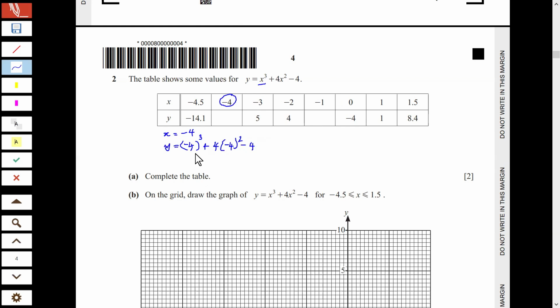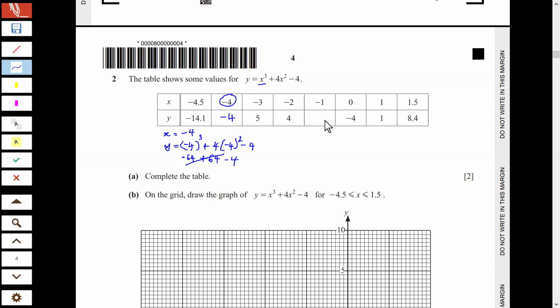Now, -4 to the power of 3 gives us -64, plus -4 squared times 4 gives us 64, minus 4. Of course, -64 plus 64 is 0, and so we're left with just -4.